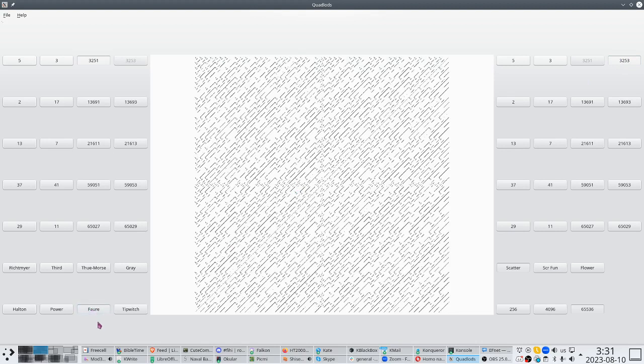Another way to scramble them is to raise them to a large power modulo the prime number. This is something I came up with for quadloads.